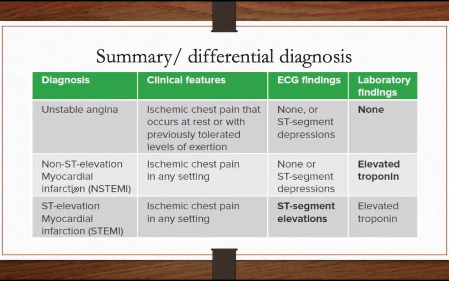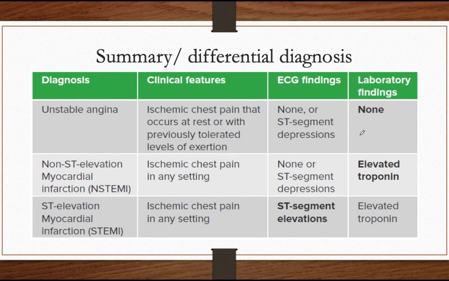So, how do you summarize everything that we've learned so far? With unstable angina, the clinical feature is chest pain that may occur at rest or with previously tolerated levels of exertion. ECG findings, usually there may be none, but there may be ST segment depression.